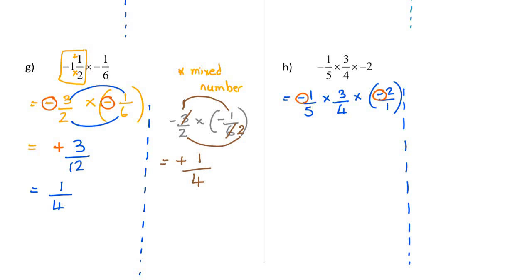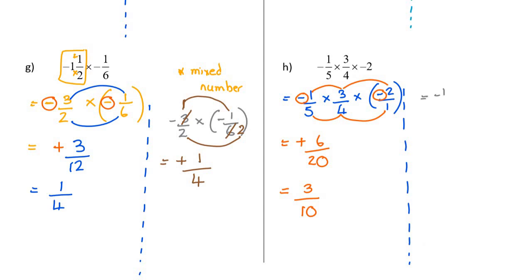Well, a negative times a negative is a positive, so that's nice. 1 times 3 is 3, 3 times 2 is 6, 5 times 4 is 20, 20 times 1 is still 20. Can I simplify that? Well, 6 can be divided by 2, which is 3, and 20 can be divided by 2, which is 10. So that's one of the ways to do it.